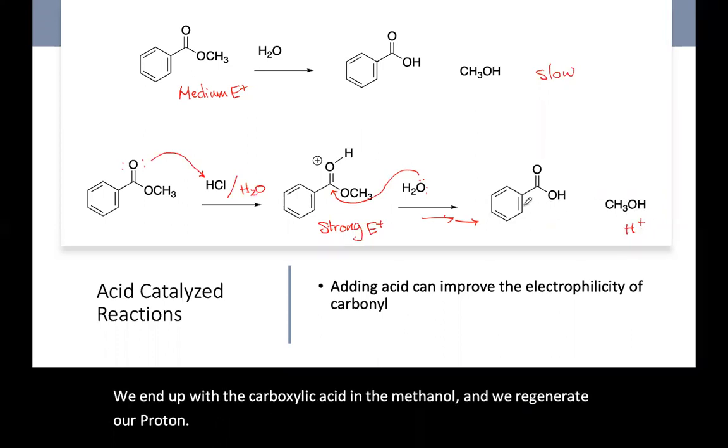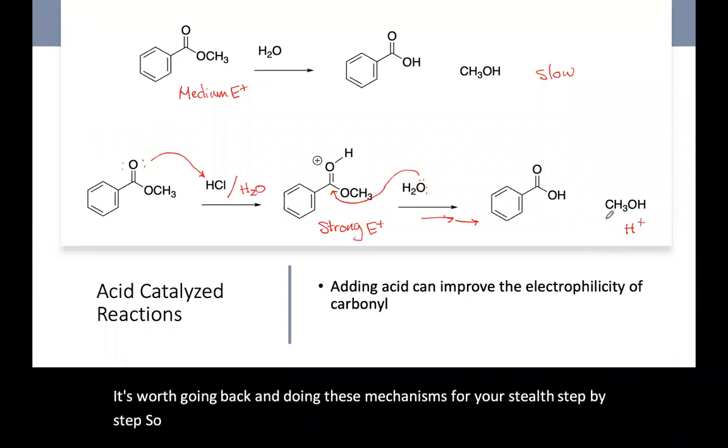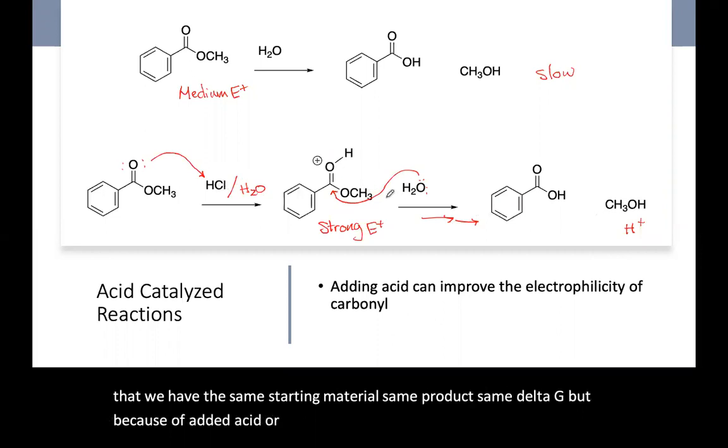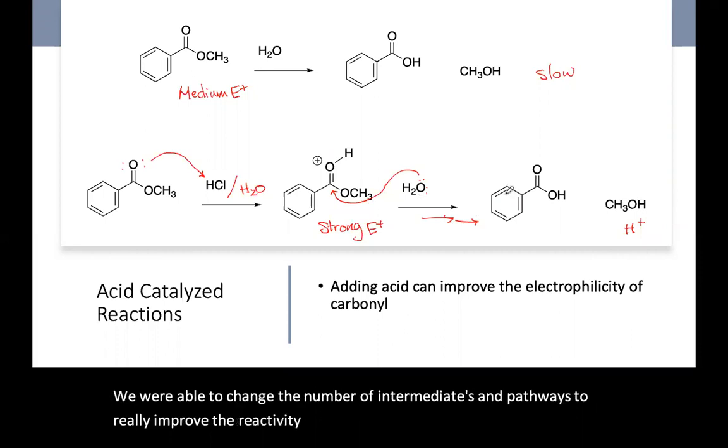It's worth going back and doing these mechanisms for yourself step by step so that you can see all of the proton transfers. But the key idea here is that we have the same starting material, same product, same delta G, but because of an added acid or base, we were able to change the number of intermediates and pathways to improve the reactivity and improve the speed of the reaction.